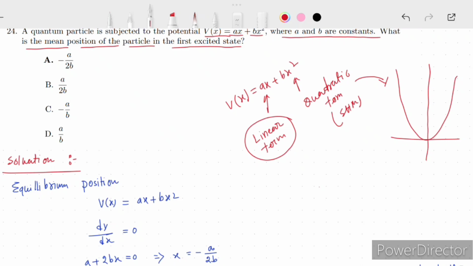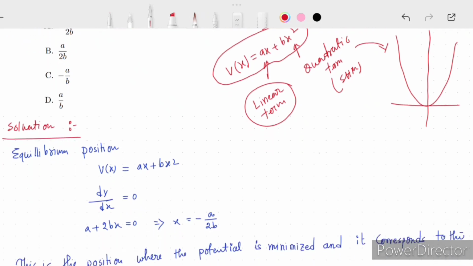So from this potential we get one concept: there is a linear potential plus a simple harmonic potential. The simple harmonic potential has an equilibrium position, but due to the linear potential, the equilibrium position of the simple harmonic oscillator must be shifted. This is the concept.